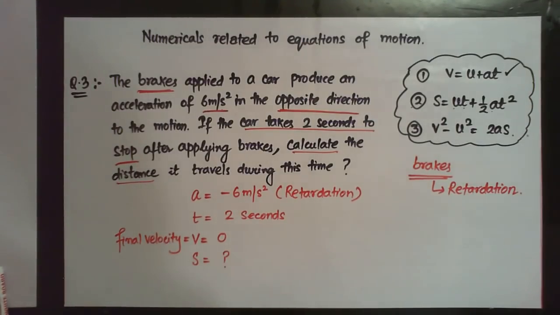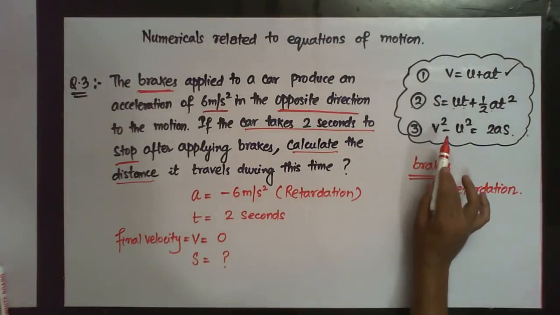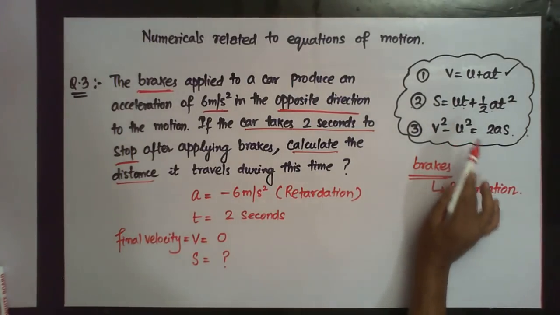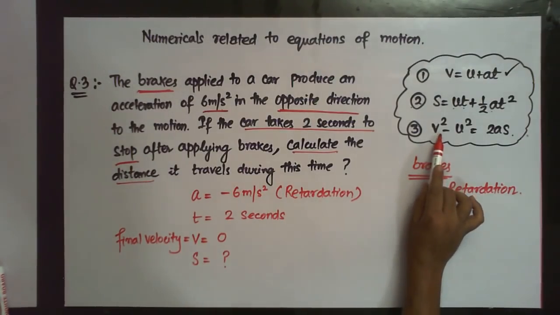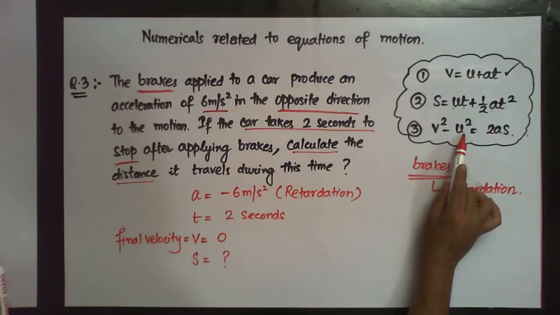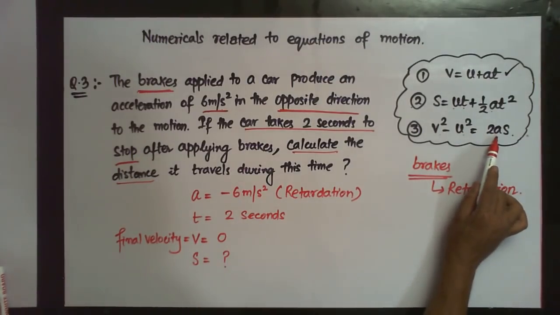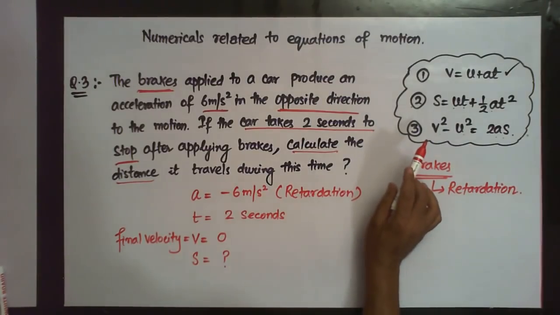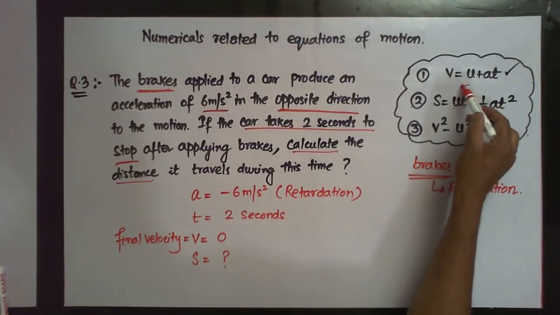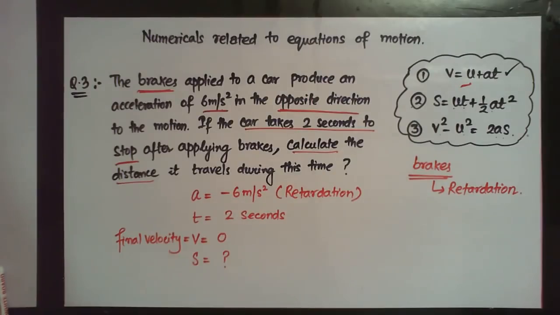So how to find out? If I want to use V square minus U square is equal to 2AS, we need to know V. V is known, but we don't know the value of U. We know the value of A. We don't know the value of S. Can we find out U from the first equation here?